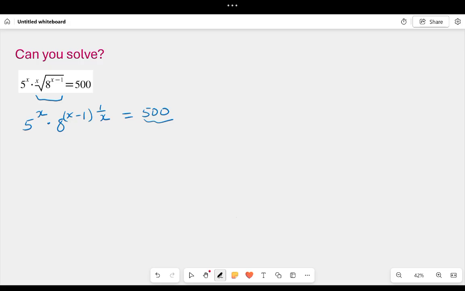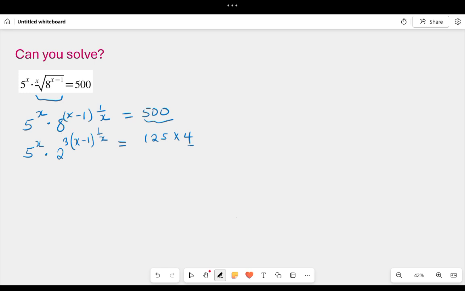It can be written as 125 times 4, which is equivalent to 5 cubed times 4, which is equals to 5 to power x. Now, because we have times 4 here, we are going to convert 8 in terms of 2. So it's going to be 2 to power 3, so times 2 to power 3 into brackets x minus 1 to power 1 over x.